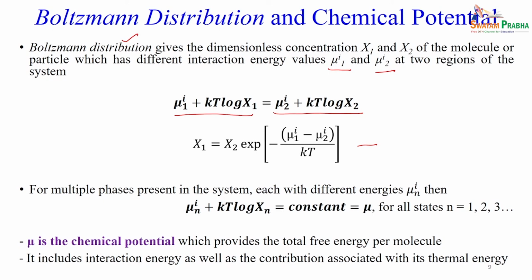Now, if there are n number of phases, 1, 2, 3, like n number of phases, we will write mu n plus k T log x n is a constant, and this constant is known as the chemical potential.